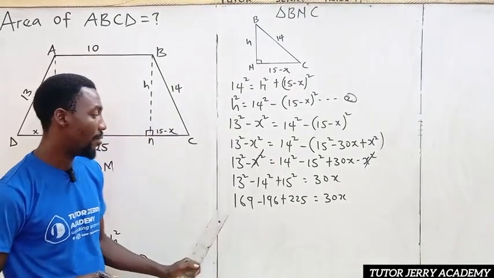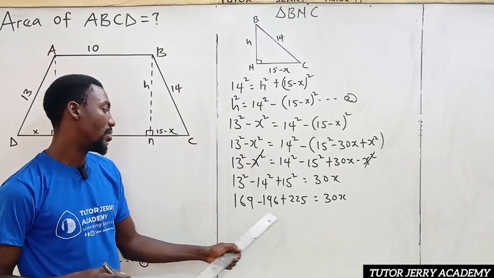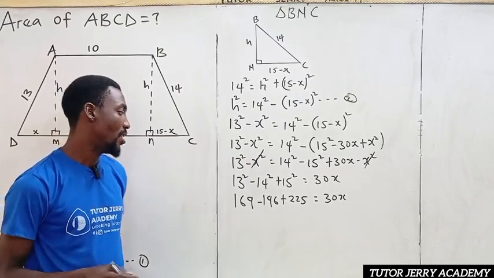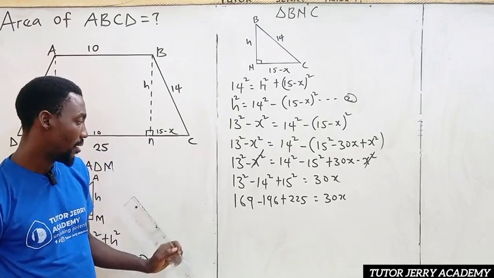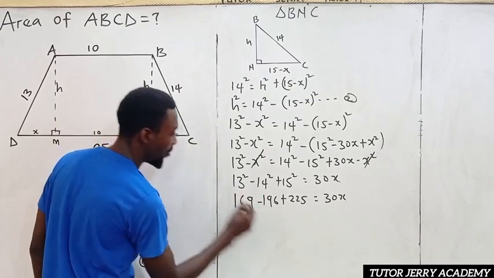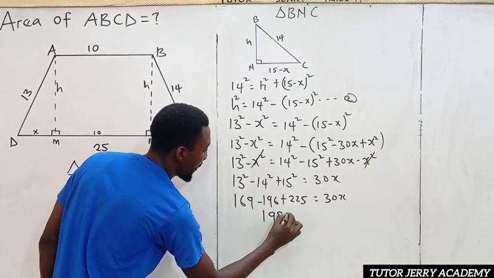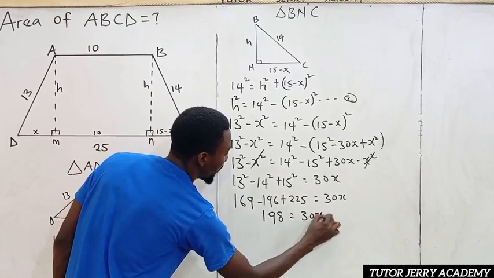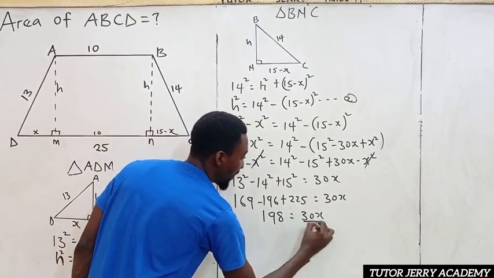All right. So now if you combine these, you are going to have 198 equals 30s. So we divide both sides by 30.